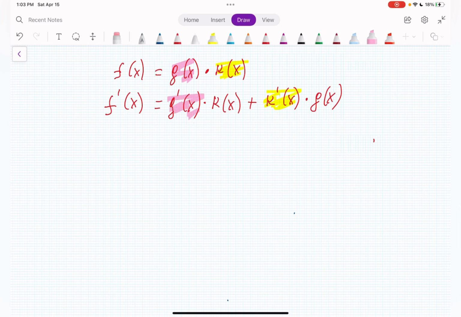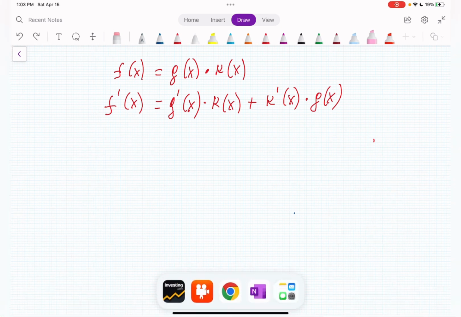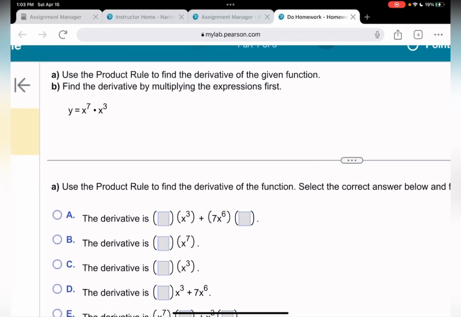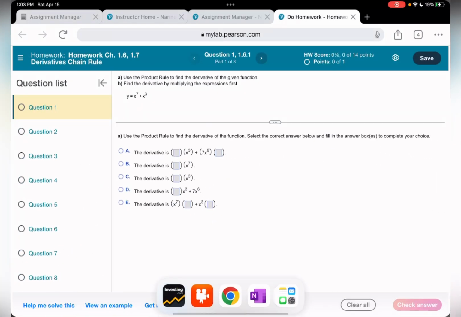Okay, so let me clean it so you can have it nice and clean. That's the rule we are going to use. It's the product rule. What do we have here? We have x to power 7 times x to power 3.